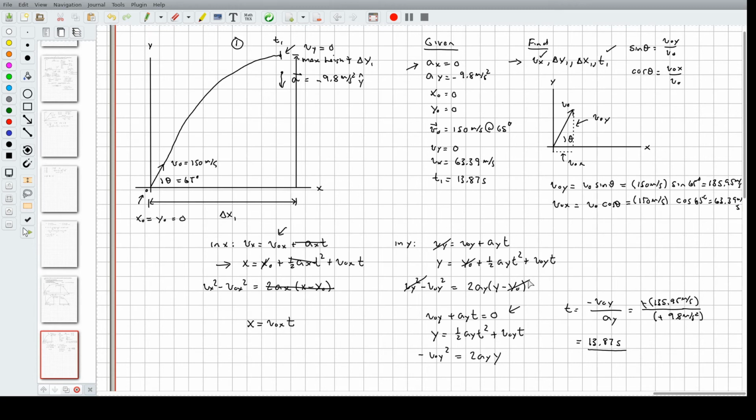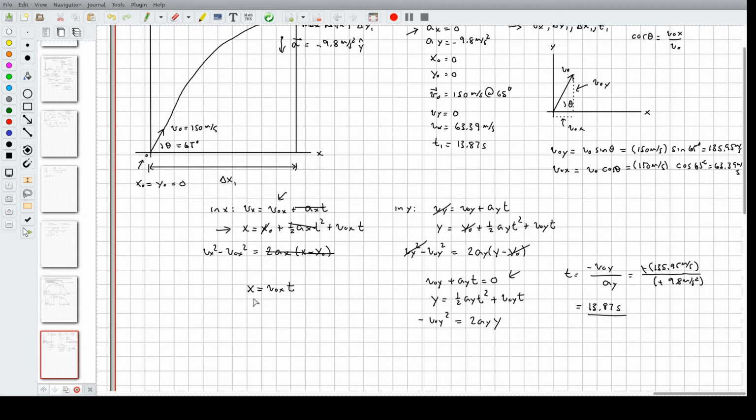Now, next up, we could find displacement in the x direction. Remember, displacement is x minus x naught, but x naught is equal to 0, so really it's just x. So we'll use this for displacement, and v naught x, as we found out before, is 63.39 meters per second.